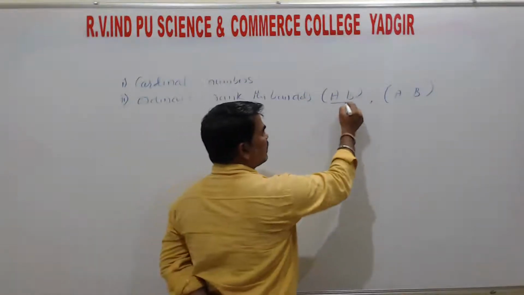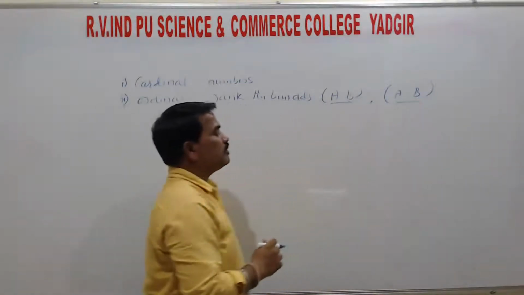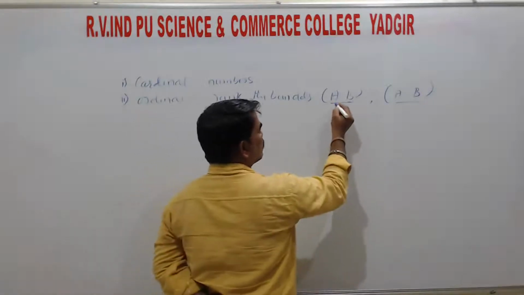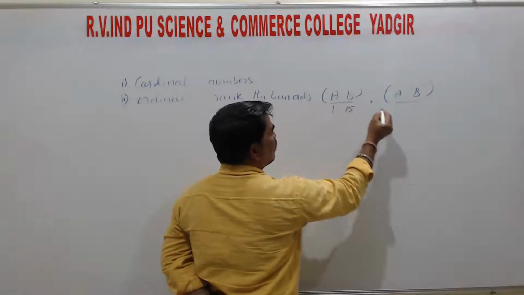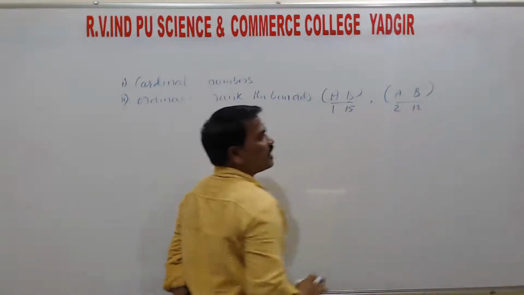So this is one bundle and this is another bundle with different combinations. Here we can say 1 apple 15 banana or 2 apple 12 banana, like that.